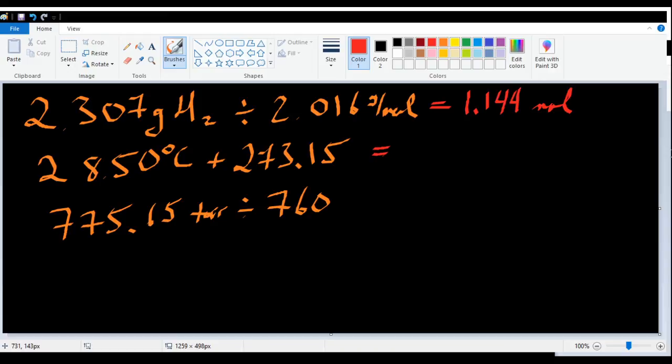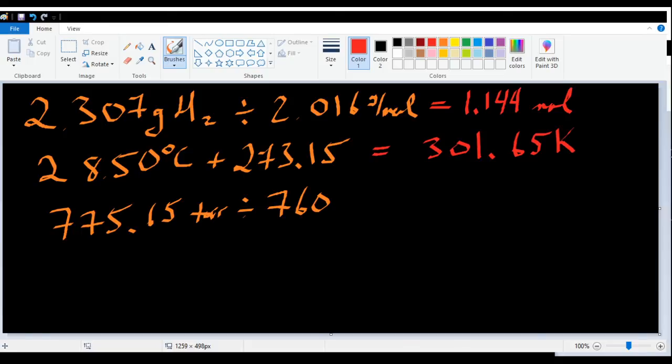All right. Next up, 28.5 degrees Celsius is 301.65 Kelvin.